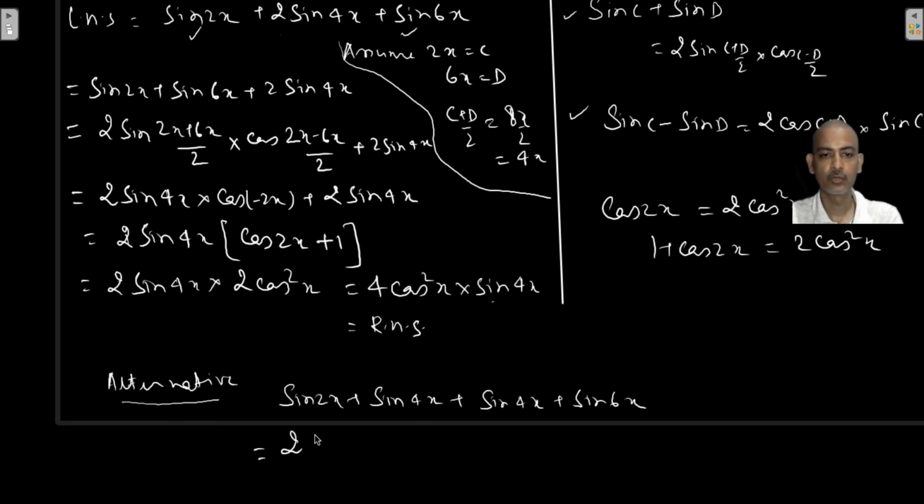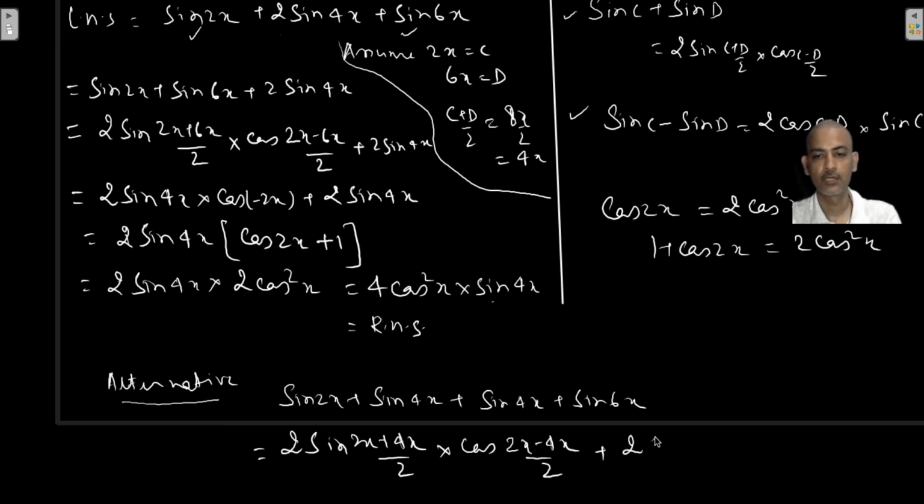So this will become 2 of sin of (2x plus 4x)/2 into cos of (2x minus 4x)/2, and this will become plus 2 of sin of (4x plus 6x)/2 into cos of (4x minus 6x)/2.